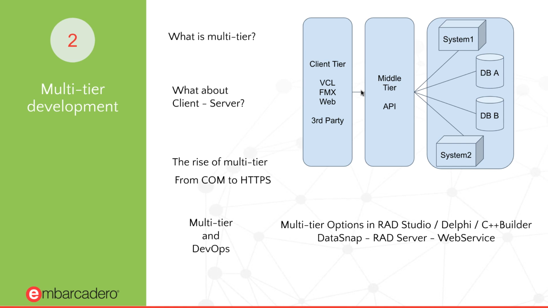Now, in terms of the setup and deployment of multi-tier, we're often seeing a lot now of things like Docker being used, which are containers, and the containerization of the middle tier, and also some of the back-end business logic. The containerization is something that we've been looking at at Embarcadero, and there's support for that within RAD Server, which is one of the options for multi-tier development.